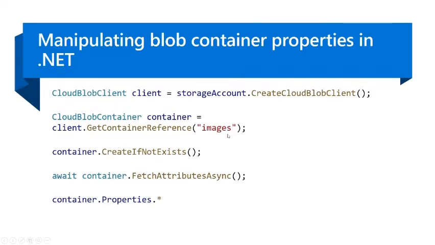Images is the name of the container, and if it does not exist, it will create this. If it does exist, then you will get the reference to it like this. And then you fetch attributes from this container, and then you say container.properties. Easy.